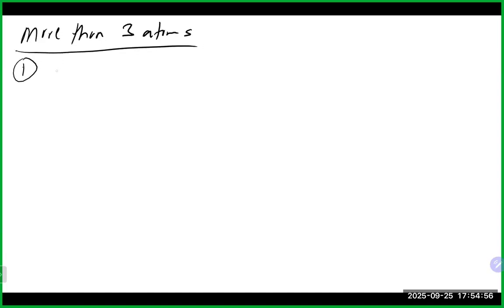We have to look at: are there polar bonds? Clearly, in most cases, if there are no polar bonds, probably the molecule is not going to be a polar molecule. But if there are polar bonds, it means it could be a polar molecule.